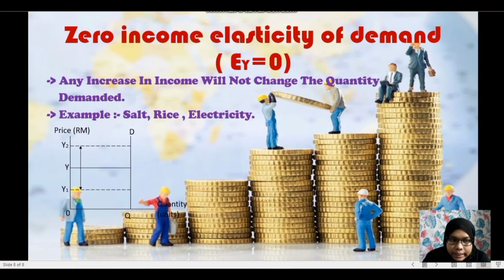The consumer income may fall to Y1 or rise to Y2 from Y. The demand curve D, which is a vertical straight line, shows zero income elasticity of demand.